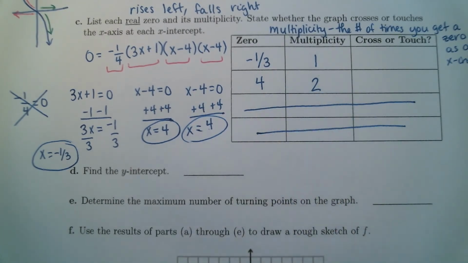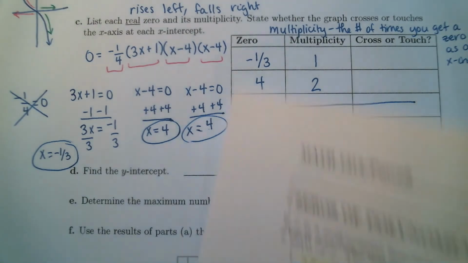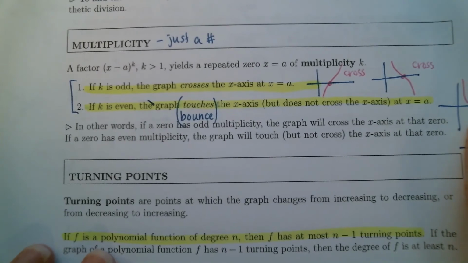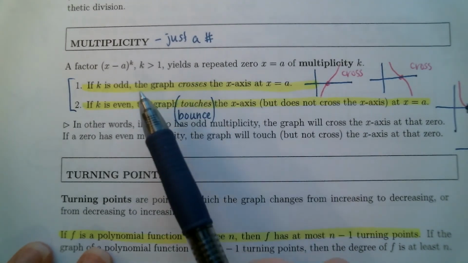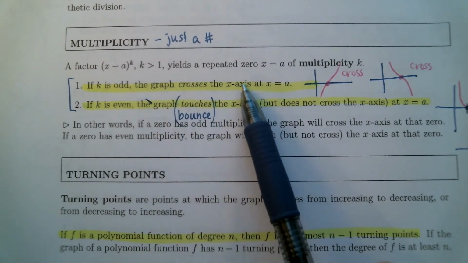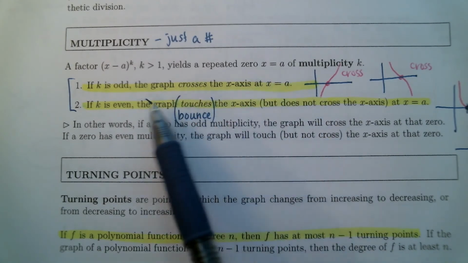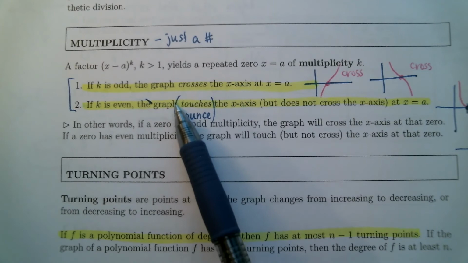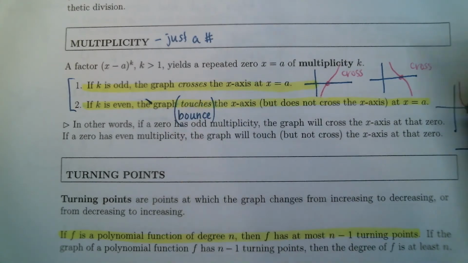And what does that mean in terms of the graph? Well, we said back on page 5, there are these rules you have to know for multiplicity, and here they are. If you are dealing with an odd multiplicity, the graph is going to cross the x-axis at that x-intercept. If the multiplicity is even, the graph is going to touch or bounce at that x-intercept.